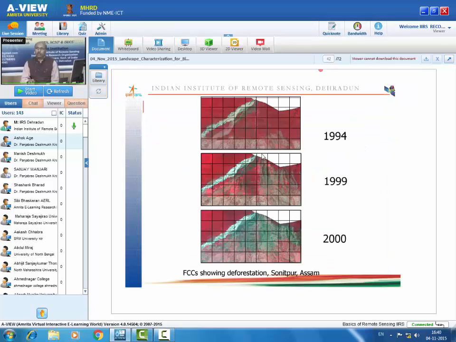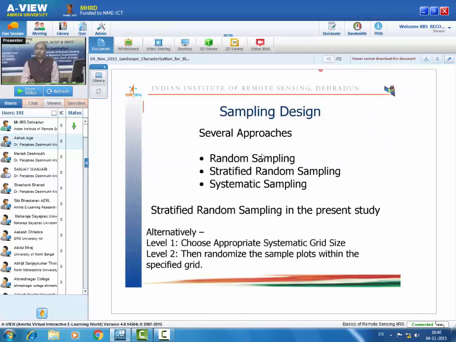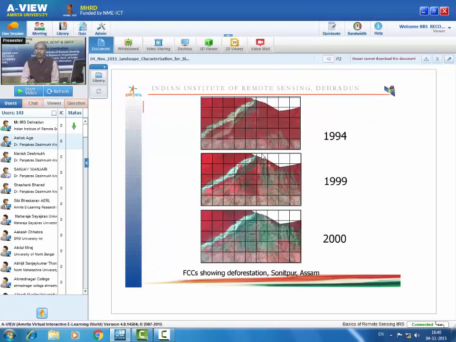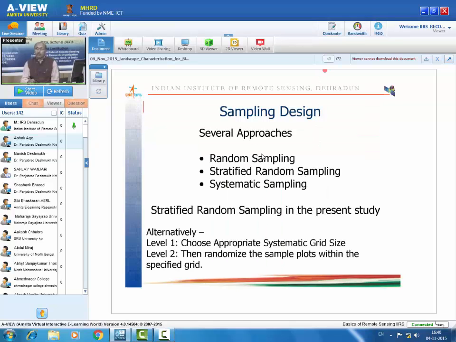If you remember, I said we would like to overlay the grid on this, and one example is here. So these grids I can put here, and then I can count the intact grids and disturbed grids, so that I can find out how many grids have got deforested, that kind of analysis. That means I am basically doing the quantification. This is an approach which I will tell you a little more in detail.